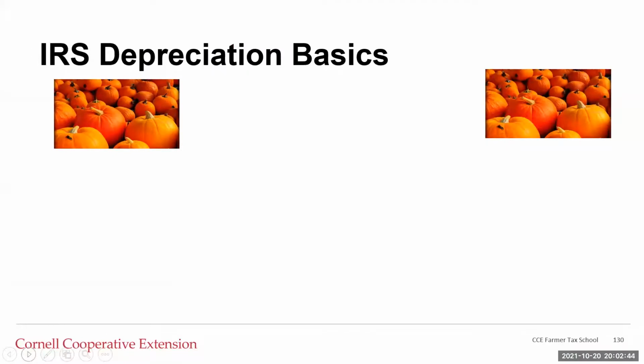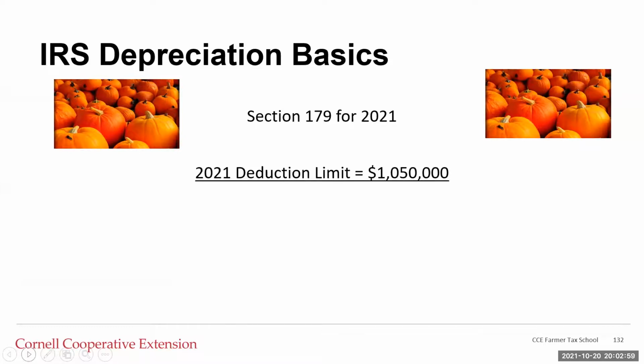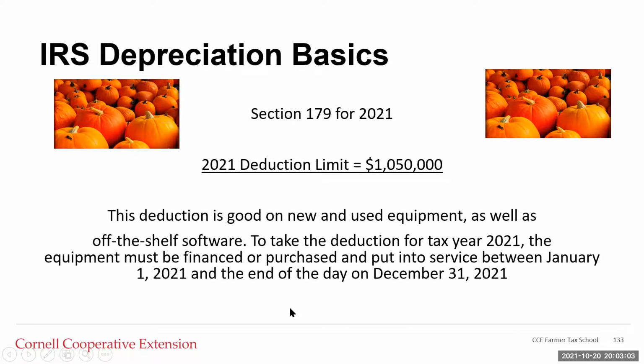Okay, so one of my things that I really like about taxes is depreciation, and it allows you to reinvest in your business and offset income tax liability. And I'd say it's probably one of the most popular items that farmers use.